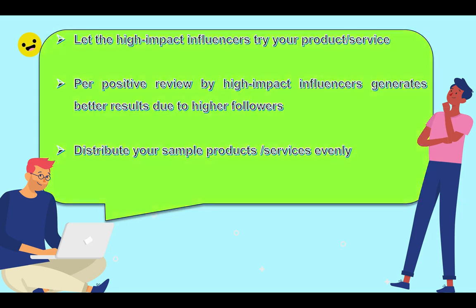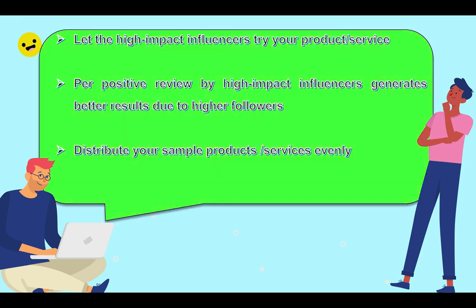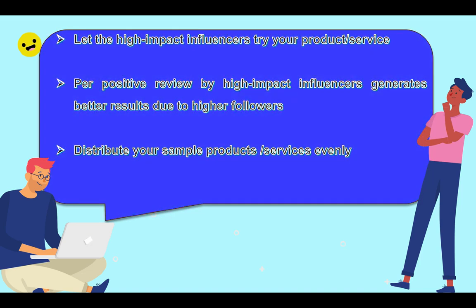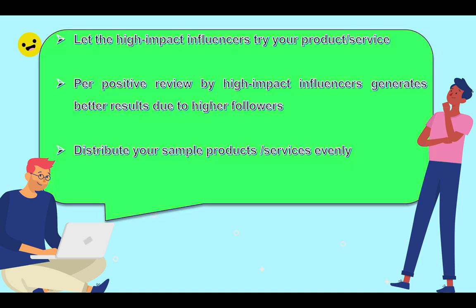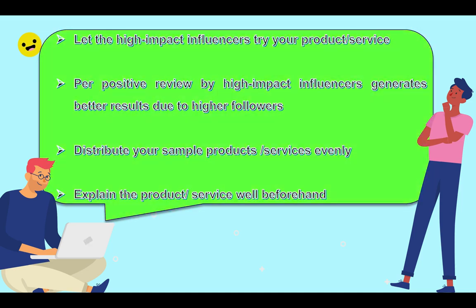For example, if you're working on a skincare line, then provide samples of your line to influencers of different skin types. Give your products to oily, dry, mixed skin types just to ensure that your skincare line gets a full, rounded set of feedback. Of course, you should explain the products well and follow the relevant protocols when doing such sample promotions.